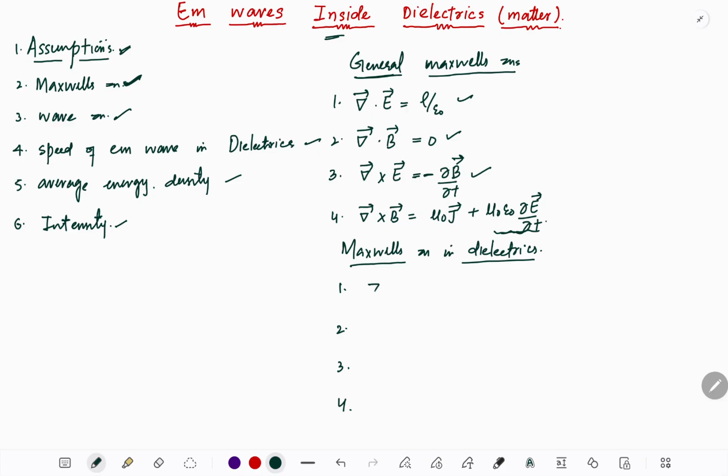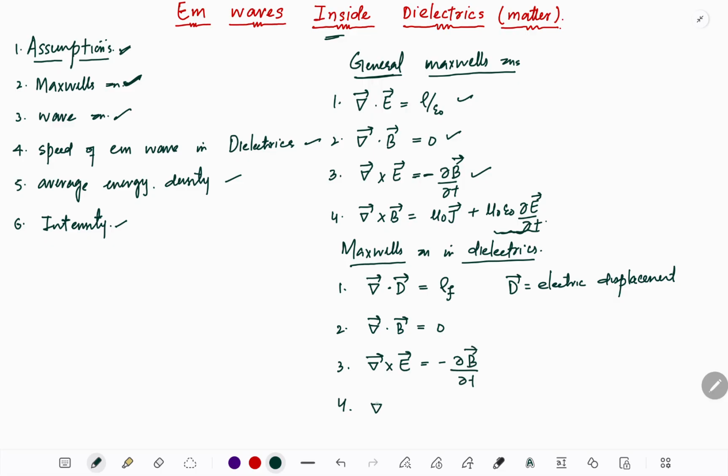So the first one becomes del dot of D equals rho f, where D is the electric displacement. The second and third equations remain the same: del dot of B is 0, and del cross of E equals minus dou B by dou t.